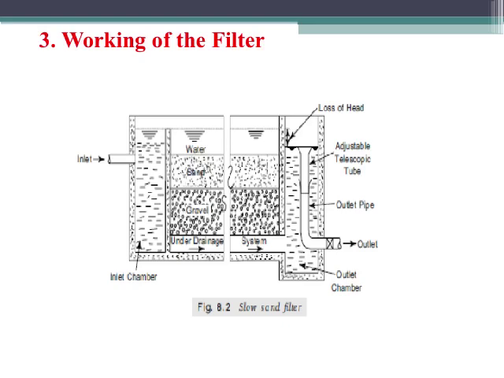The laterals collect the filtered water and discharge it into the central drain, which further leads to the filtered water well. Sometimes, instead of placing it in the center, the main drain is placed along one side of the tank and the laterals slope towards it.